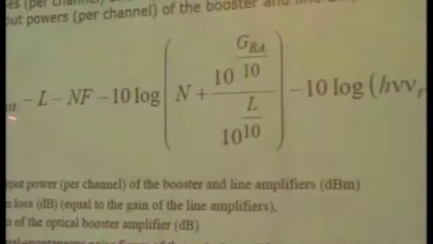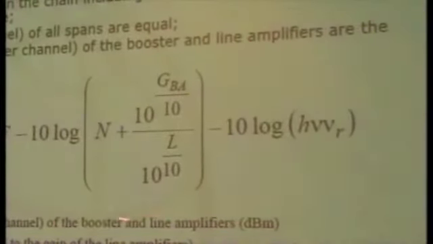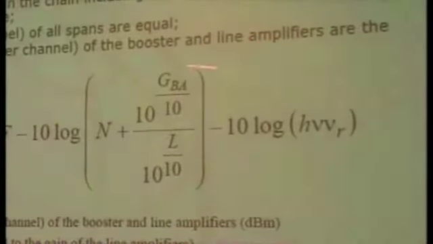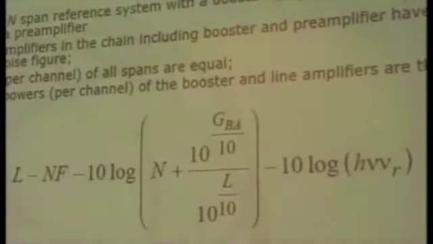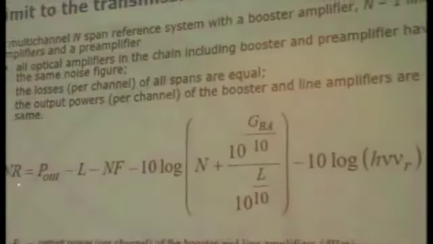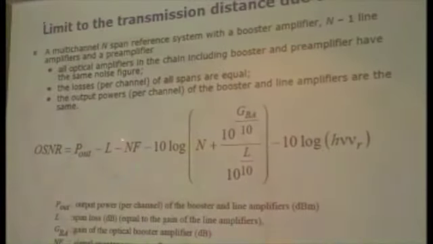And this is the OSNR calculation formula, but you don't need to remember this in detail, it is just described in this handbook. This means OSNR in log scale is P out minus loss, noise figure, and the number of amplifiers.